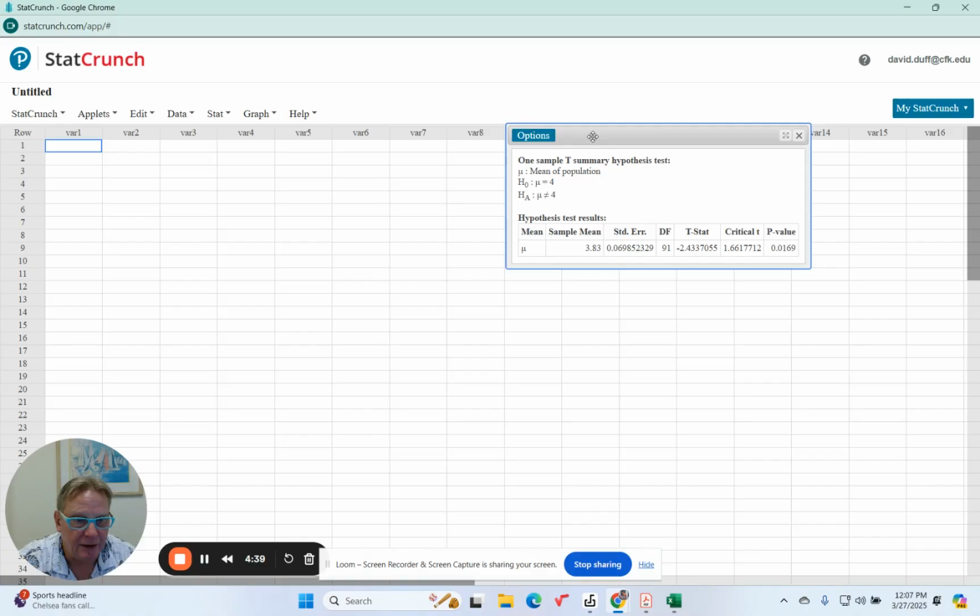You can see our critical t-value in a two-tailed test would be plus or minus 1.66. Negative 2.43 is in the rejection region to the left of negative 1.66. And we have a p-value of 0.0169. That is clearly less than 0.1.